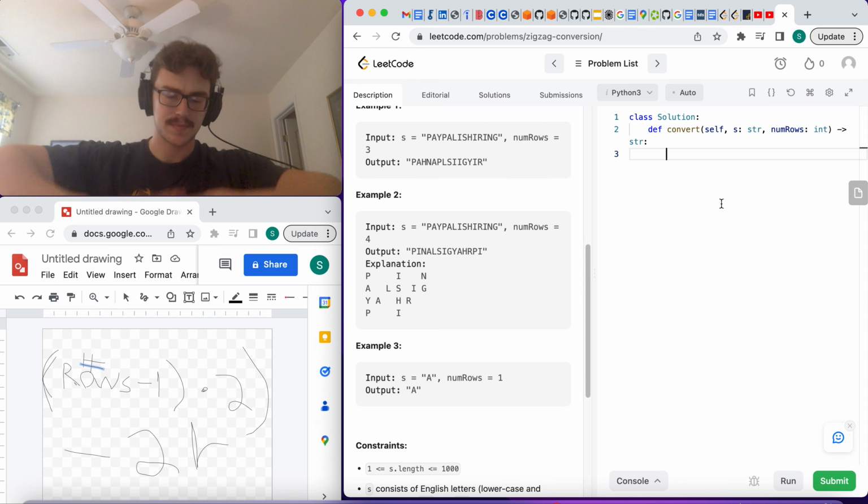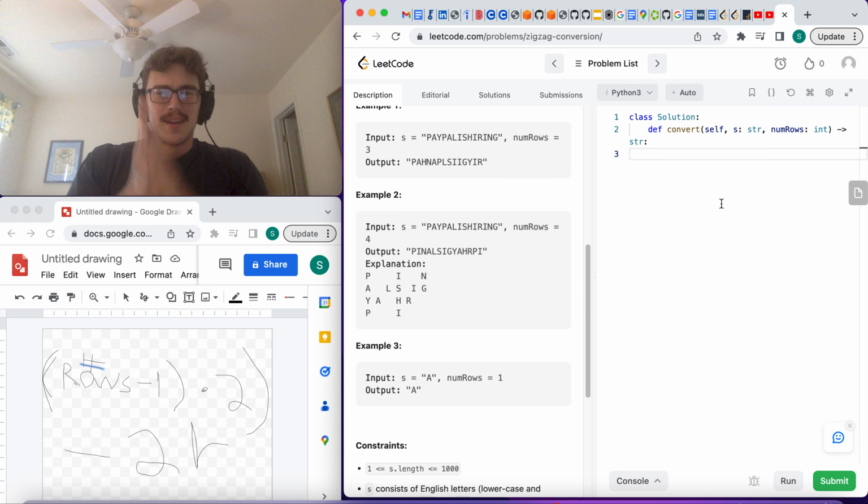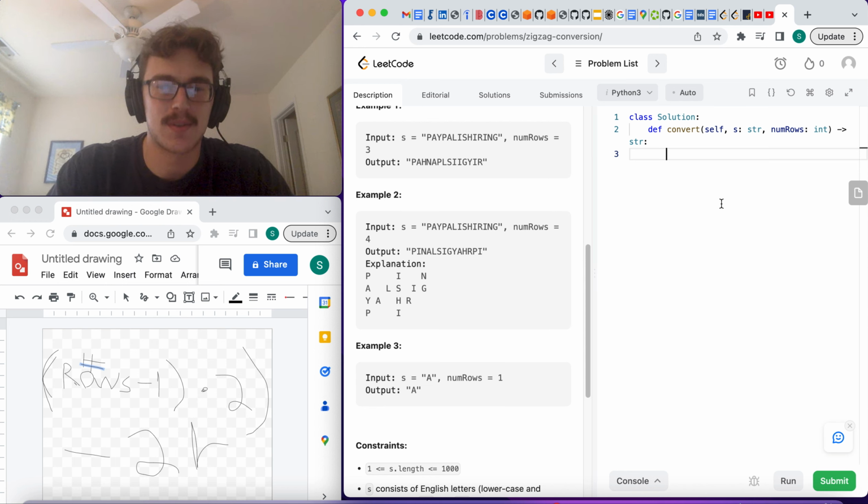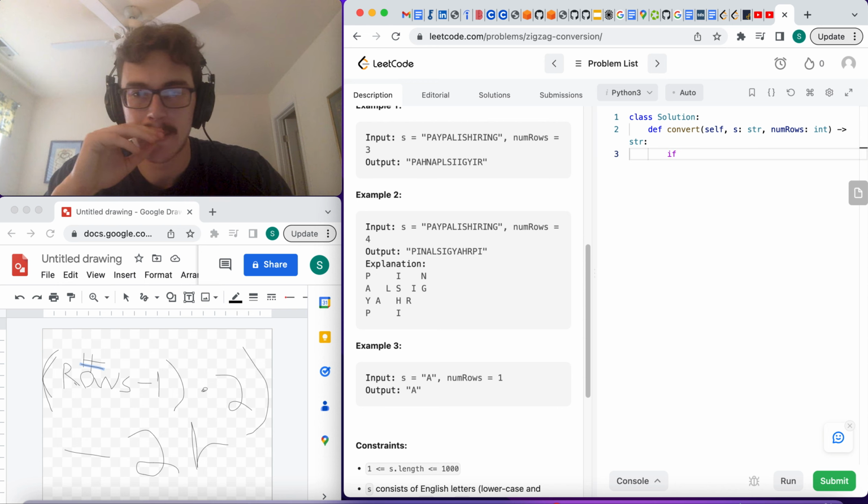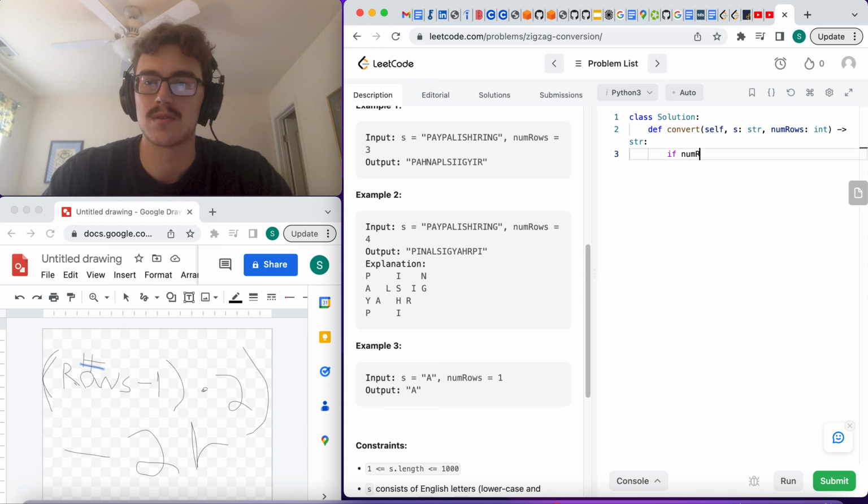Let's see if I can do this. So first, let's handle that edge case. If numRows is less than or equal to 1, return s.